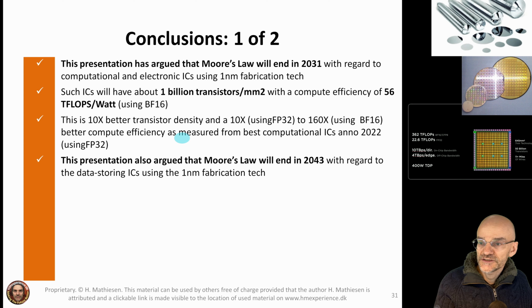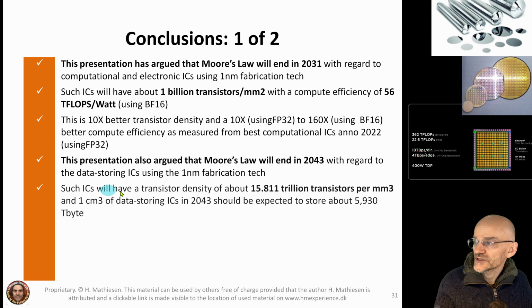And this presentation has also argued that Moore's law will end in 2043 with regard to the data storing ICs using 1 nanometer fabrication tech as well. And such ICs will have a transistor density of about 16 trillion transistors per cubic millimeter, and 1 cubic centimeter of data storing ICs in 2043 should be expected to store almost 6,000 terabytes.